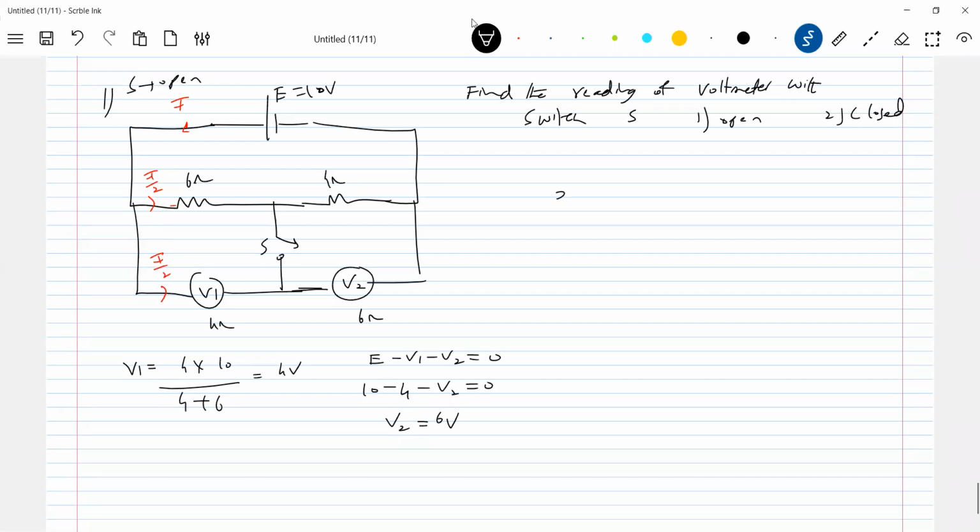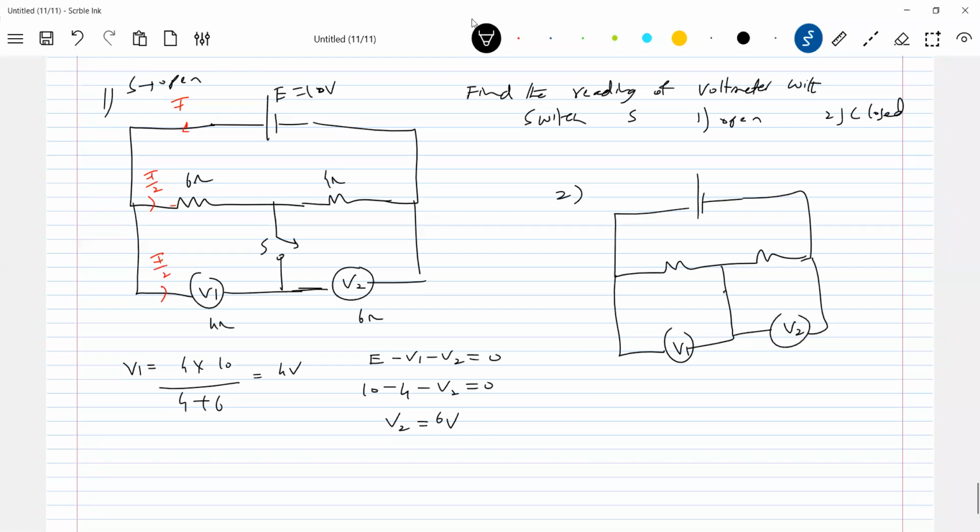Let me close the switch. After closing the switch, this will be 6 ohm, 4 ohm, 10 volt, 4 ohm, 6 ohm.